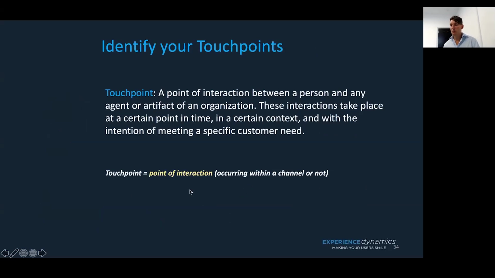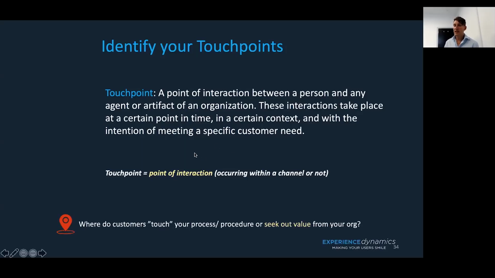Clarification again on a touch point. We're defining it here as a point of interaction. Now, a lot of people talk about touch points like they're channels. The user goes to the store and they interact with the kiosk or the teller or whatever as a touch point. And there may be a touch point within that channel, but that's really a channel. Going to the store, going to the mobile app, those are channels.